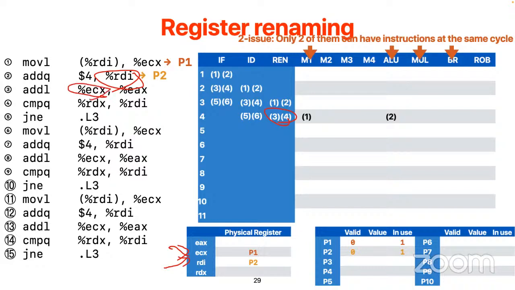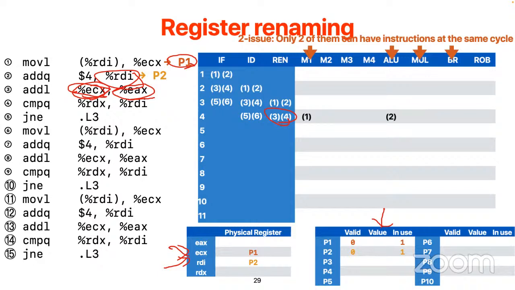Originally it's ECX and EAX, but right now ECX is redirected to P1. If you look at the table, P1 is currently not valid, meaning that I don't have a result for P1. So instruction 3 cannot be executed in the next cycle. Do you agree with that?